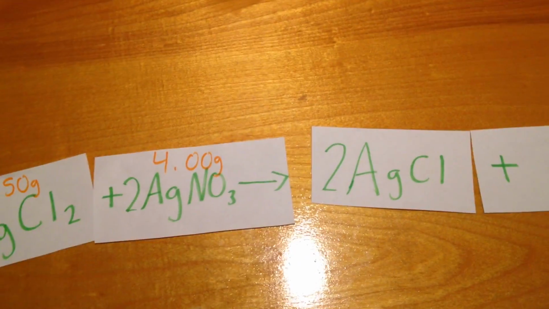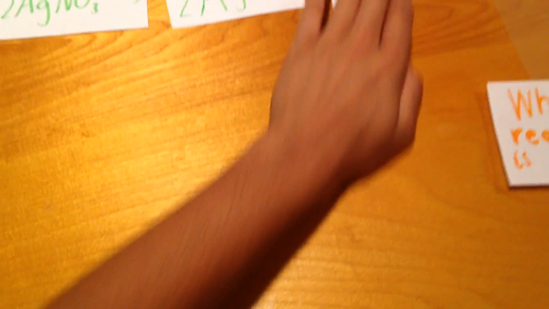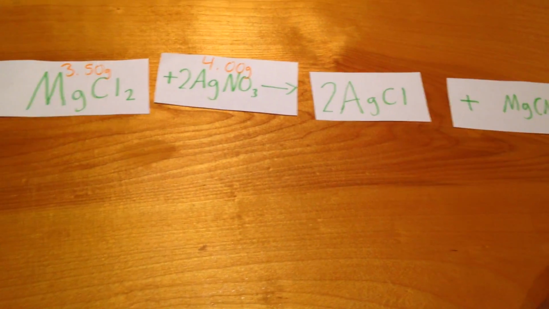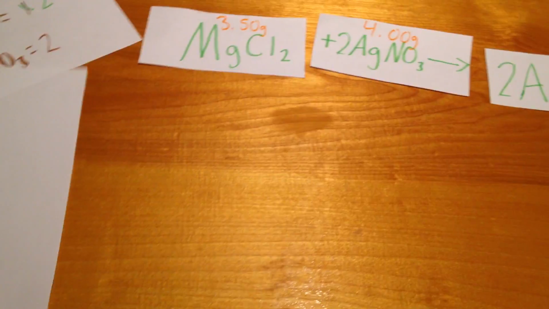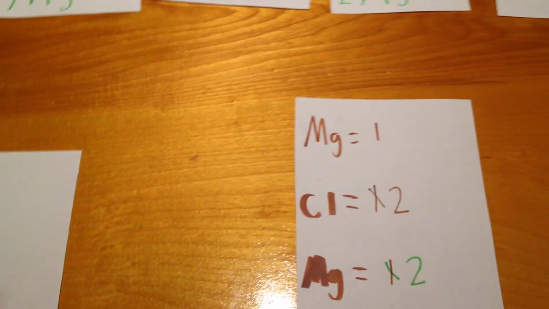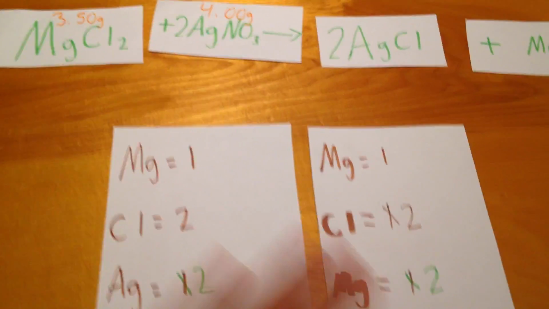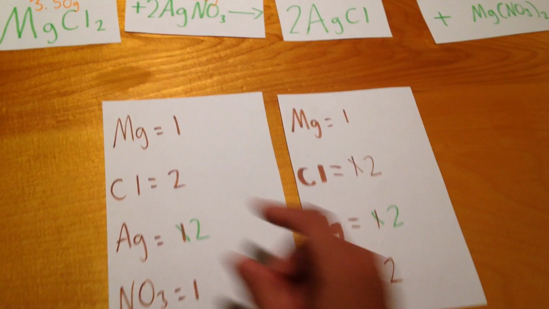Now, we have our equation for this problem, but we're going to have to balance it in order to do the limiting reactant. As you can see, I already balanced it, but let me show you how I did that. Let's take a look at a chart to help us balance this equation. This chart tells us how many elements are on each side before I balance it.